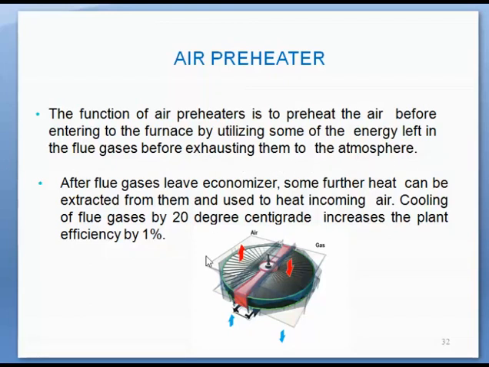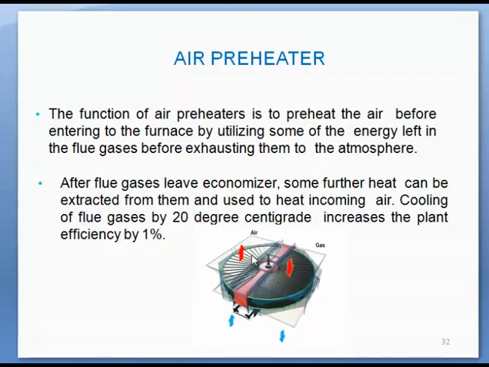So you can see in this figure that hot flue gas is coming. There are two passes. The hot flue gas is coming and going out, losing its heat to the incoming air. This section is basically divided into two parts, one for primary air and one for secondary air.